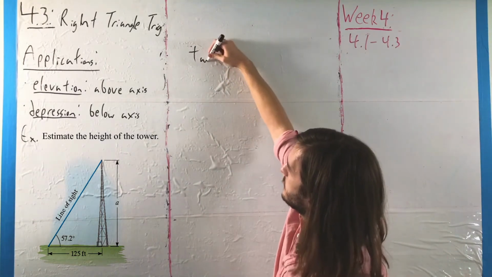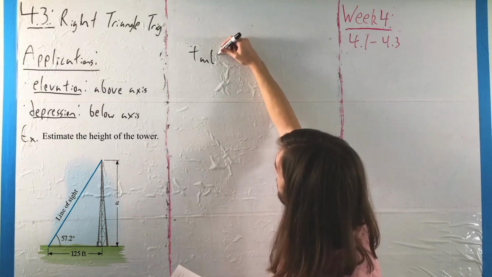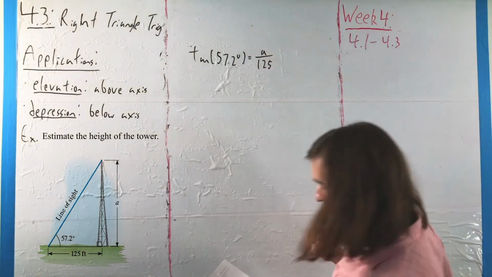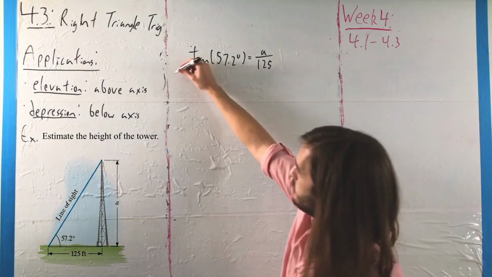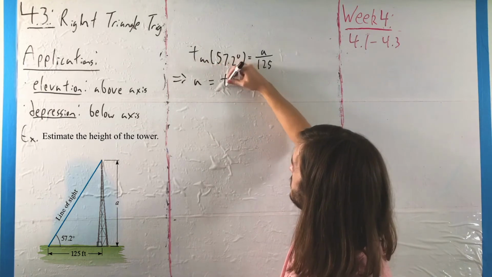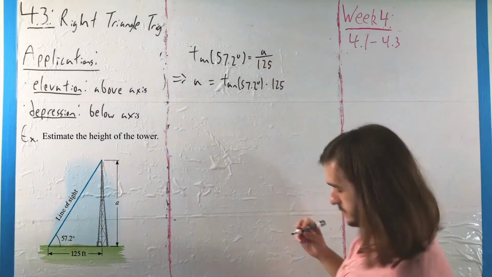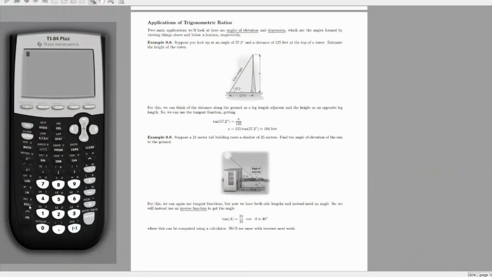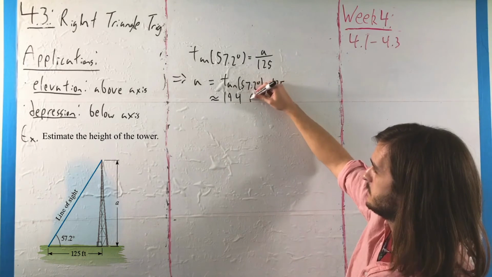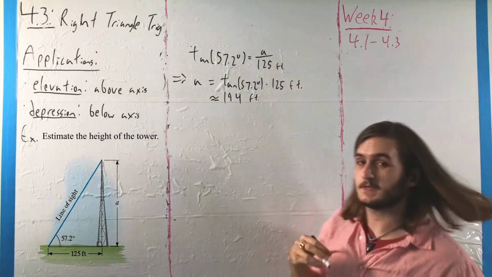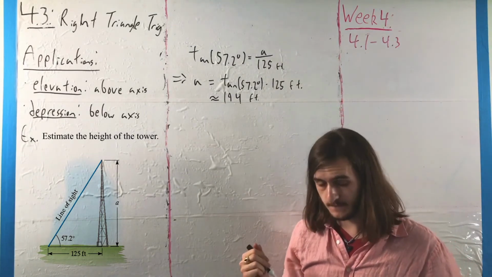We would have that tangent of 57.2 degrees is equal to A over 125, or equivalently, A is equal to tangent of 57.2 degrees times 125, which, if you use a calculator to get this value, is approximately 194 feet, because I guess that is technically 125 feet that I should be more specific about.